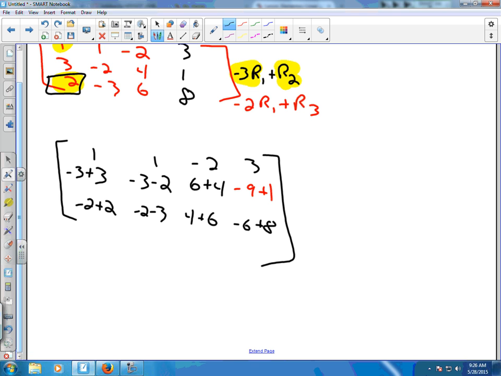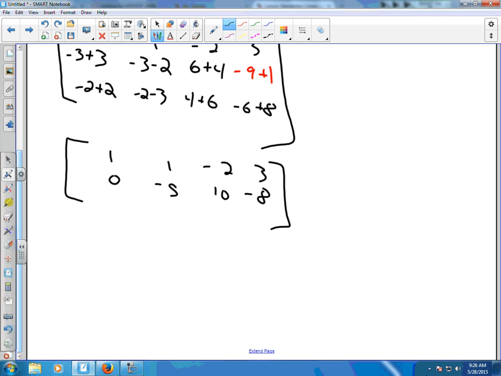So real quickly, that's 1, 1, negative 2, 3. And that's 0, negative 5, 10, negative 8, 0, negative 5, 10, 2.